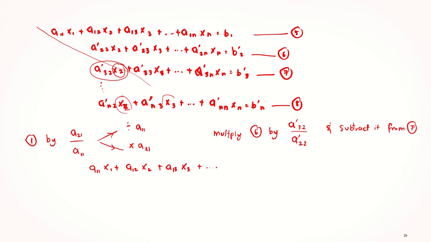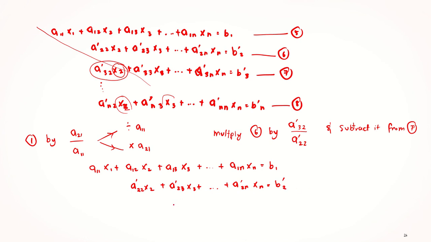The first row here doesn't really change at all. The second row, we're going to have a prime 22 x2 plus a prime 23 x3 plus dot dot dot plus a prime 2n x n equals to b prime 2.